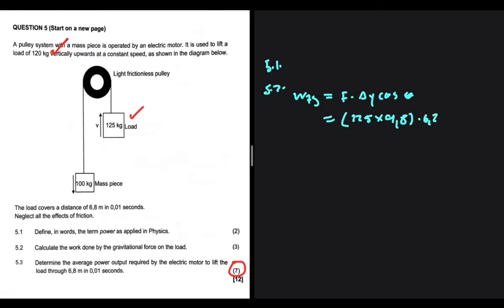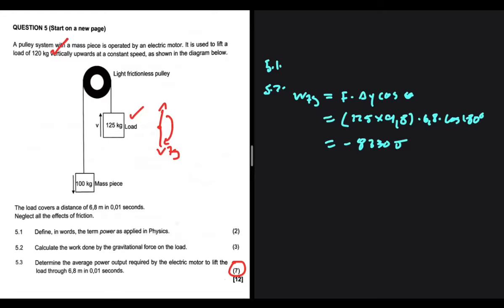So we have 6.8 multiplied by cos of theta. Well, gravity is acting downwards, obviously, but the load is moving upwards. So we have an angle of 180 degrees. If you put that on your calculator, you're going to get minus 8,330 joules as the work done by the gravitational force on the load.